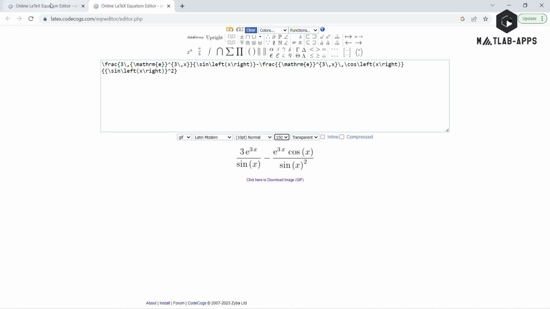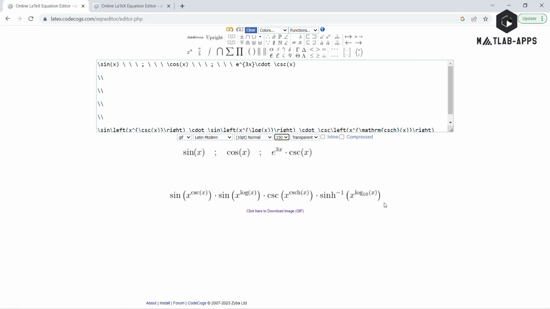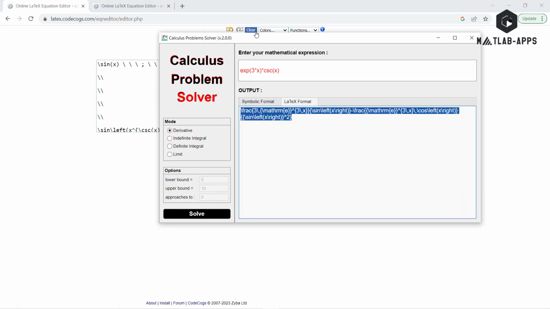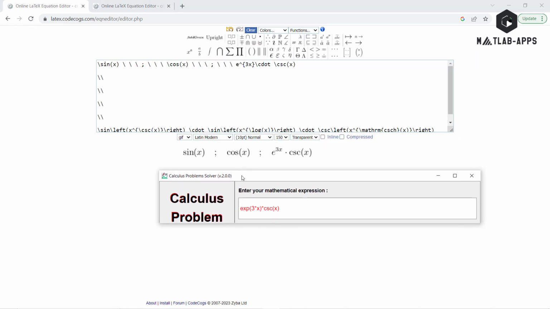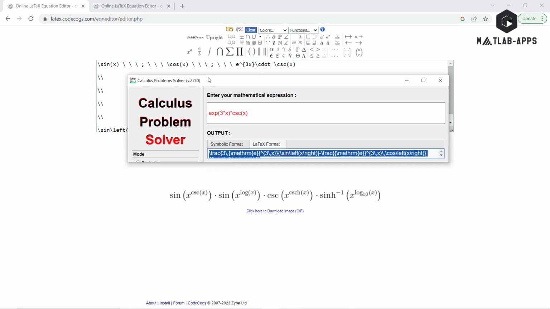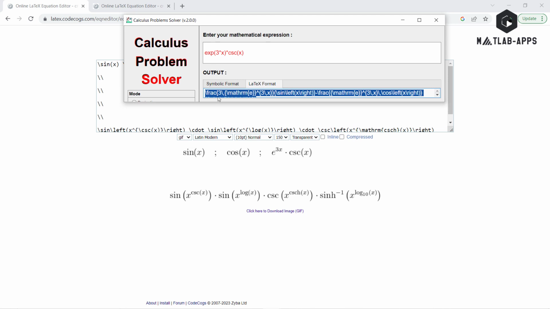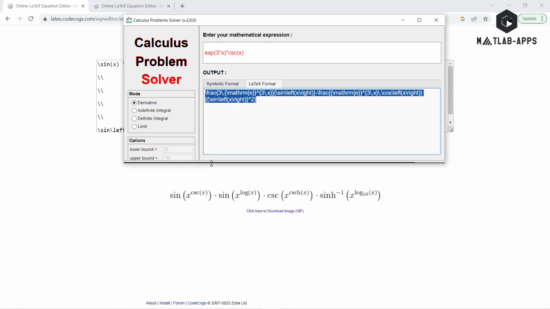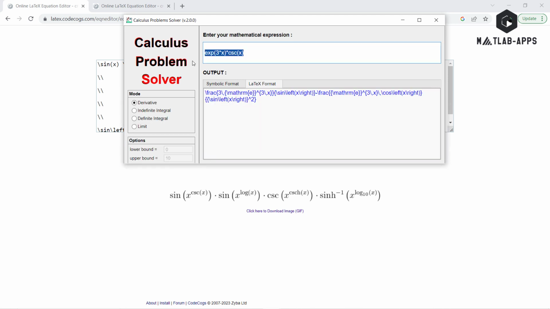Now let's make it more complicated. The questions. Let's solve this one. So here what we have is, we can make it like this. Okay, to see more. So it will be like this. And let's write this equation.